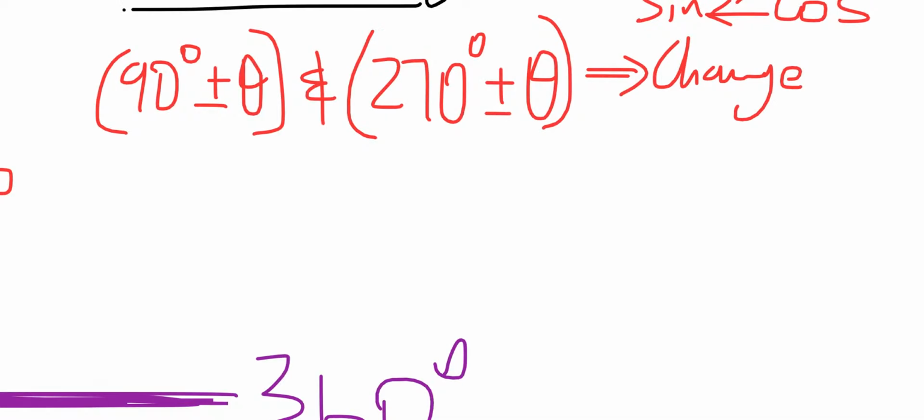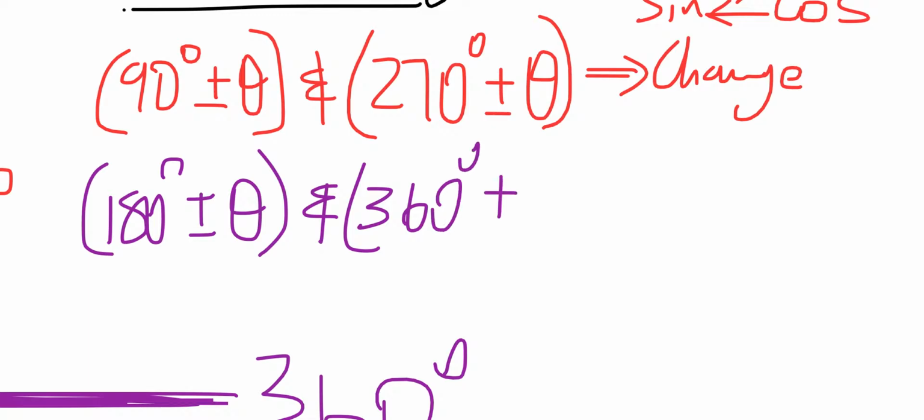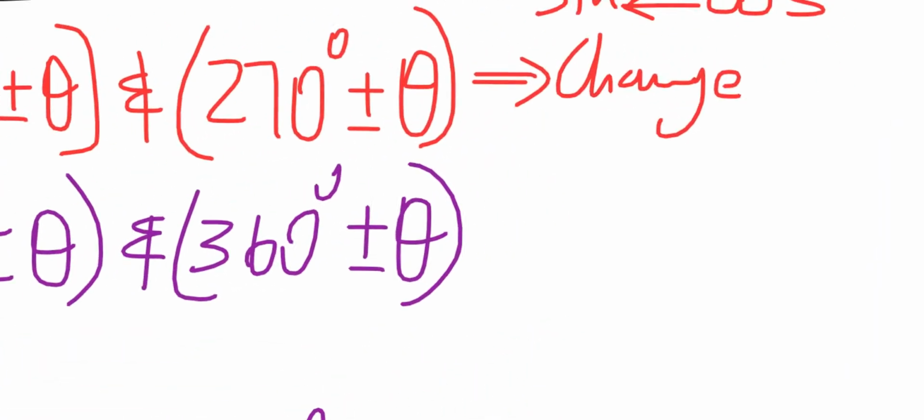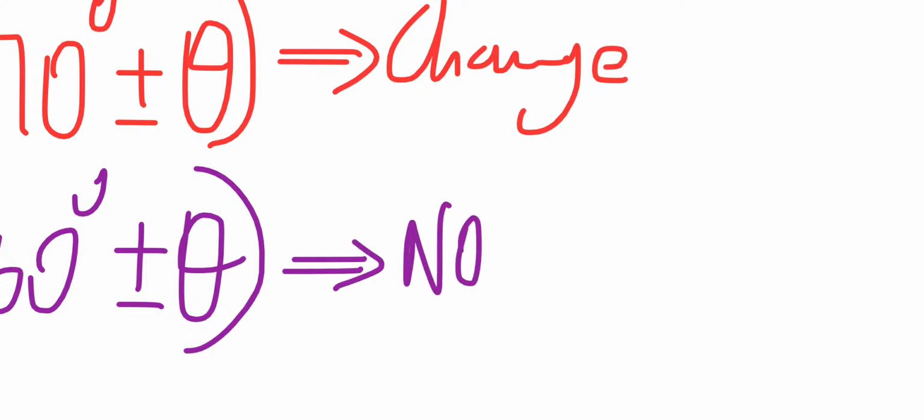So I'm pretty much sure that now you have a better understanding. So the one for 180 degrees, whether it's plus or minus, and also this one of 360 degrees, whether it's a plus or a minus, whatever angle, you have seen that the reduction formula, they don't change. So what am I going to write there? Not changing.